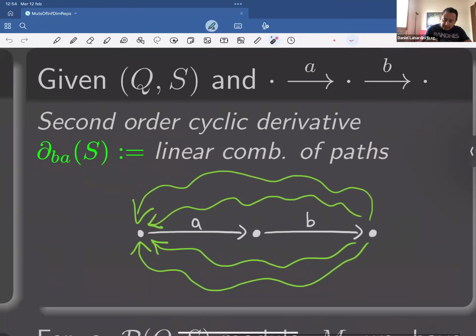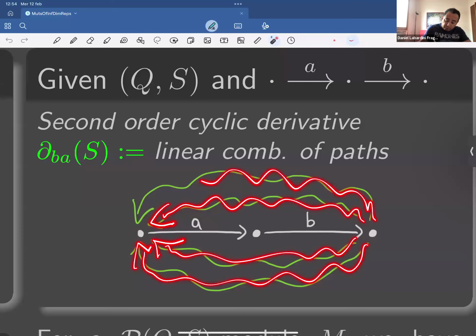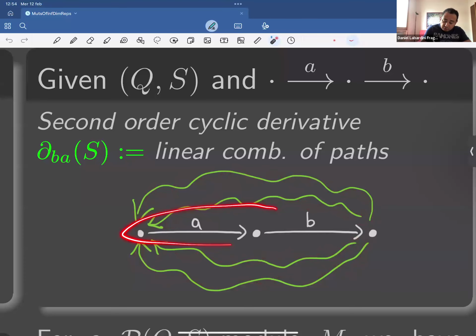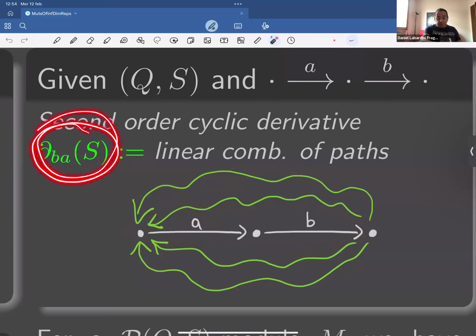I'm just going to say that it follows the same principle, that you have your path of length 2, and the cyclic derivative of S with respect to that path is a possibly infinite linear combination of paths that go the other way around, so from the head of the two path to the tail of that two path. So that's how this possibly infinite linear combination goes.